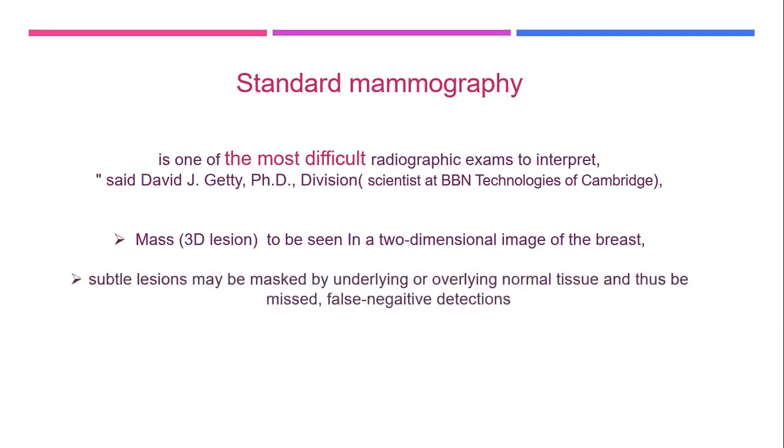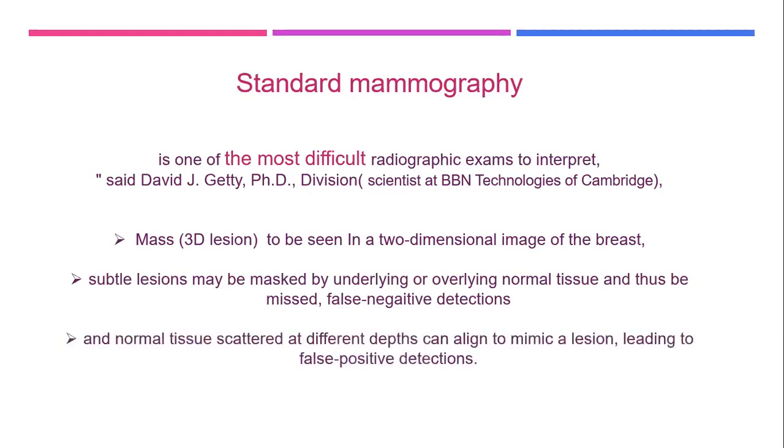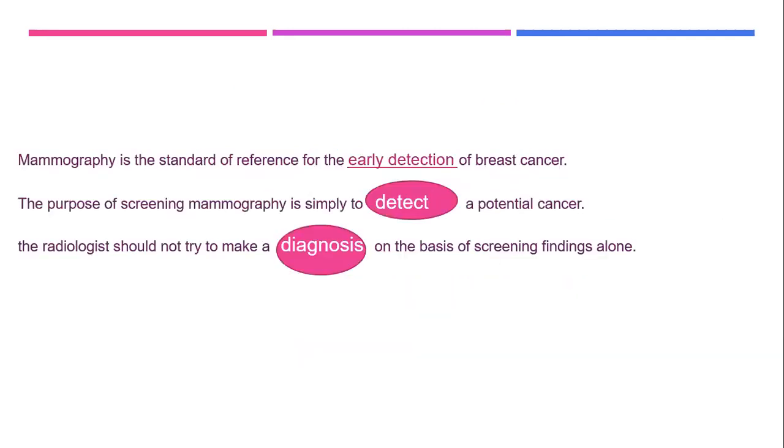Subtle lesions may be masked by underlying or overlying normal tissue and thus be missed, resulting in false negative detections. And normal tissue scattered at different depths can align to mimic a lesion, leading to false positive detections.